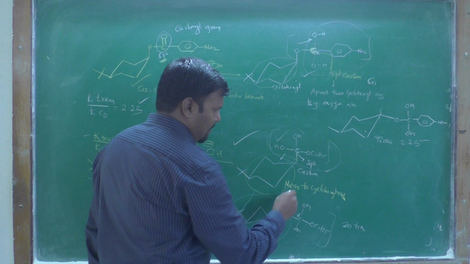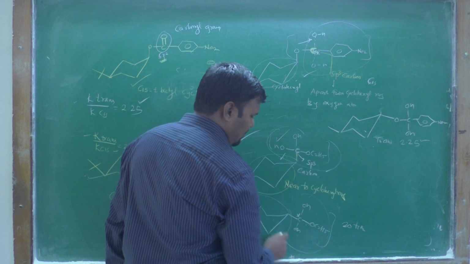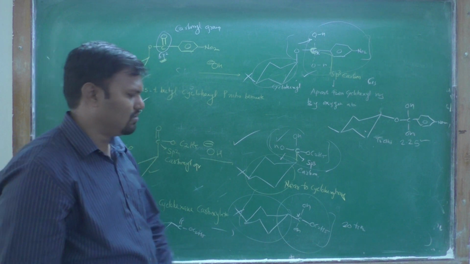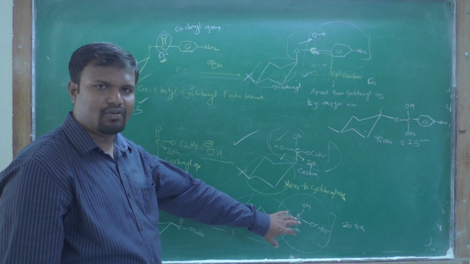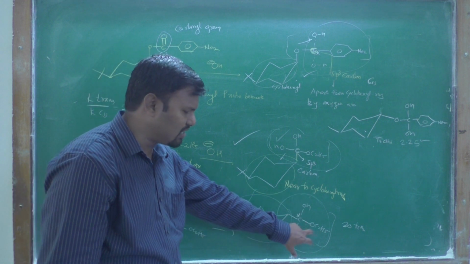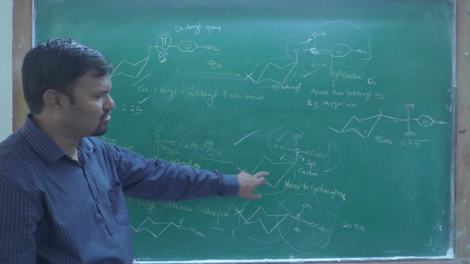Therefore, when the crowding is released in the equatorial group, the trans isomer reacts 20 times faster than the cis isomer.